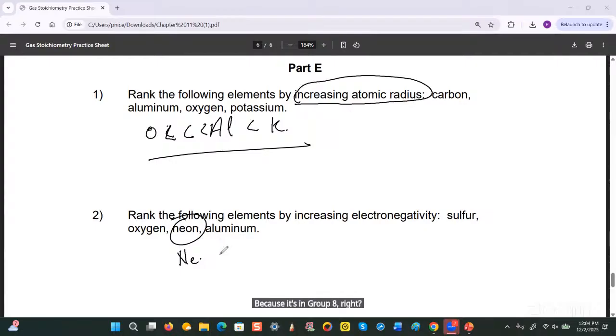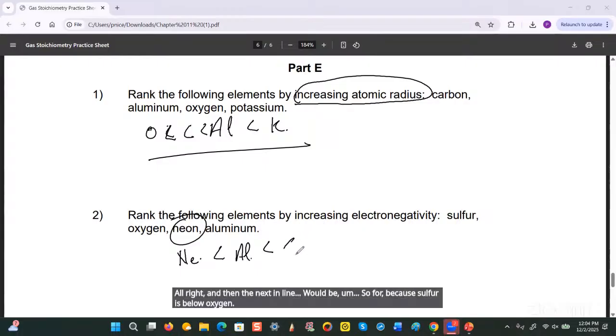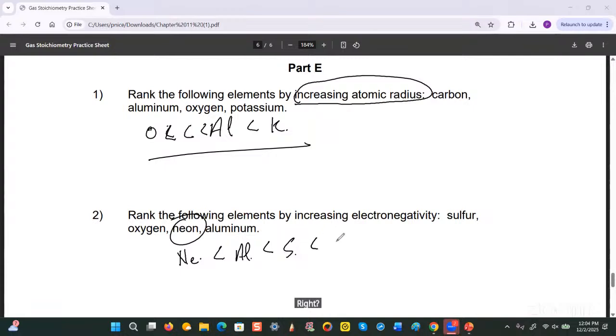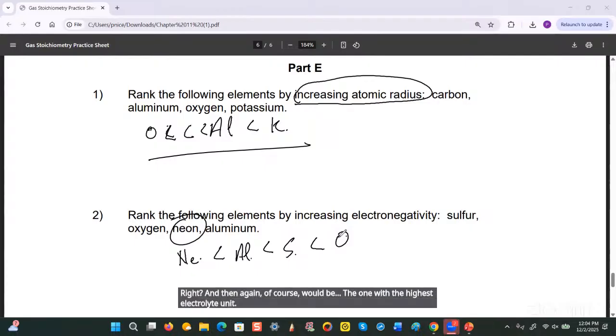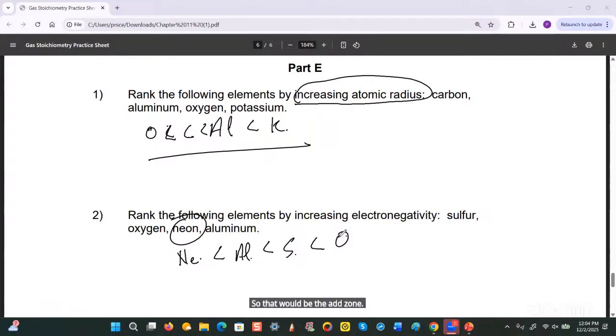The next in line, I would say, would be aluminum. All right. And then the next in line would be sulfur, because sulfur is below oxygen, right? And then oxygen, of course, would be the one with the highest electronegativity. So that would be the answer for number 2.